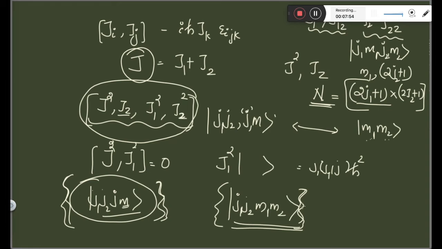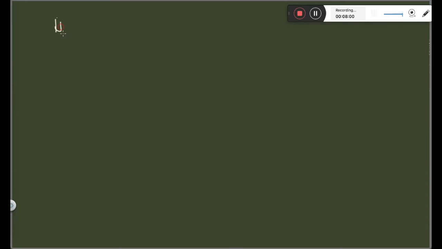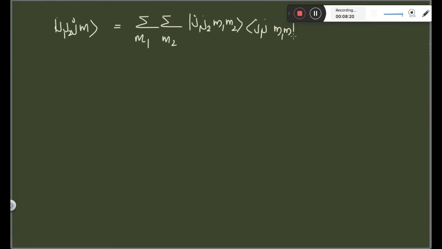I can represent that using the completeness property: the ket J1, J2, J, M is represented as a sum over all possible M1, sum over all possible M2, of J1, J2, M1, M2 times J1, J2, M1, M2, then J1, J2, J, M. So this is the completeness; it's like you are representing the identity operator into J1, J2, J, M.